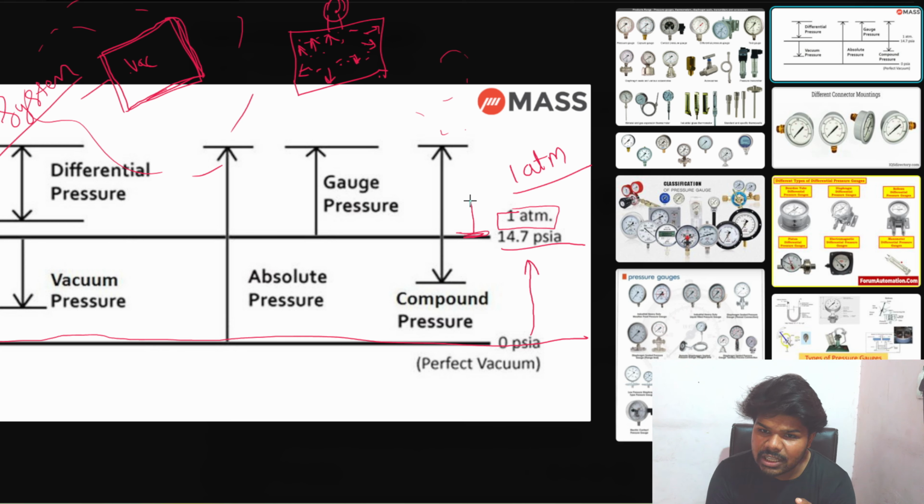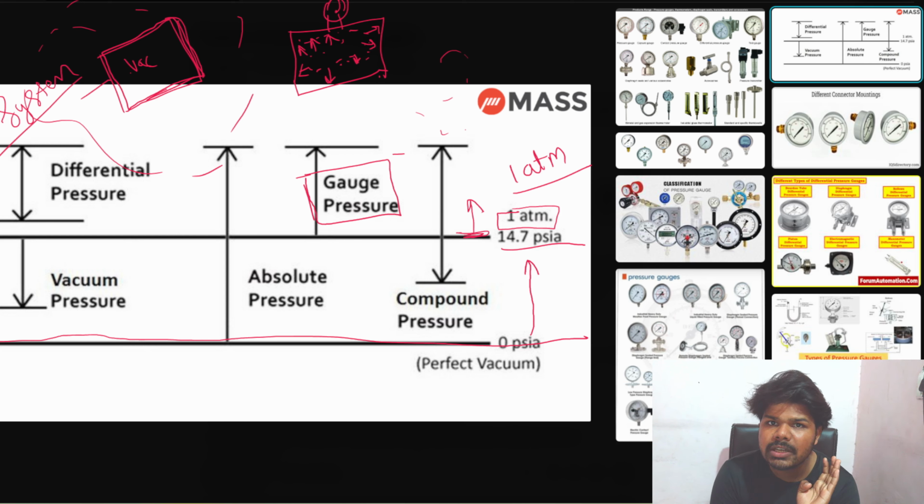If we go higher than this, what do we find? This is the gauge pressure. The pressure in the gauge, 1 kg, 2 kg, means we already have 1 atm pressure, but additionally we have a gauge pressure, so it is called gauge pressure.